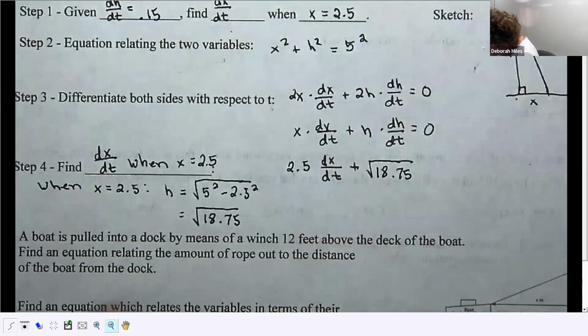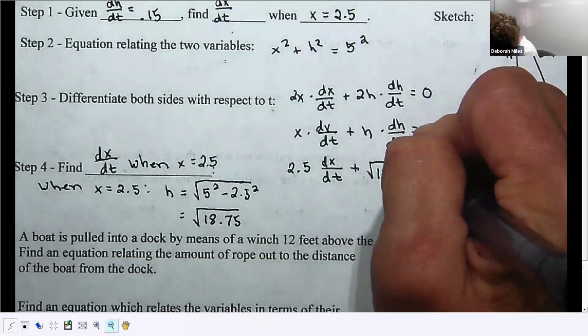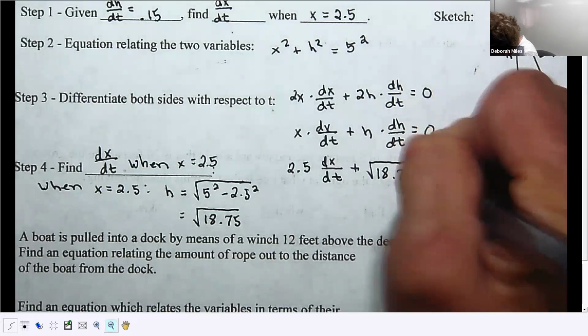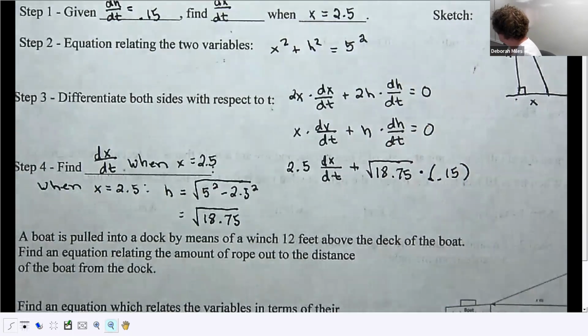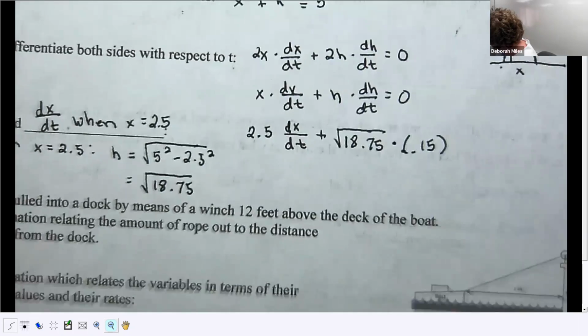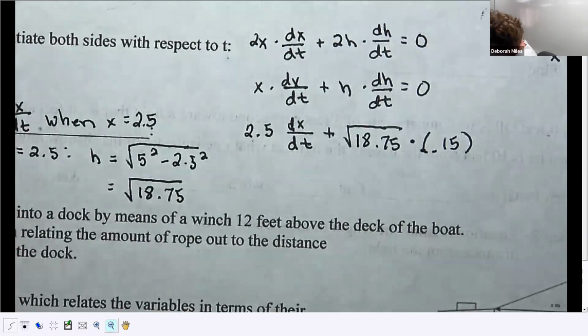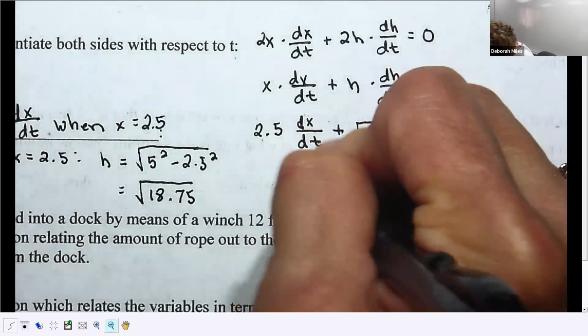What can I put in the place of dh over dt? That was my 0.15. I like to solve for dx over dt before I pick up my calculator. So what would I have to do to get the dx over dt by itself?